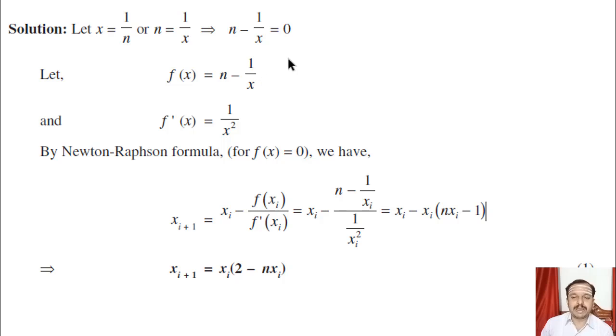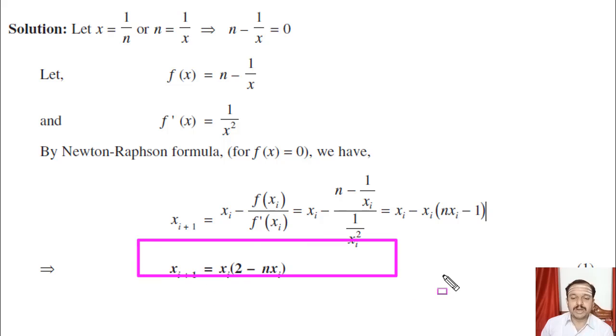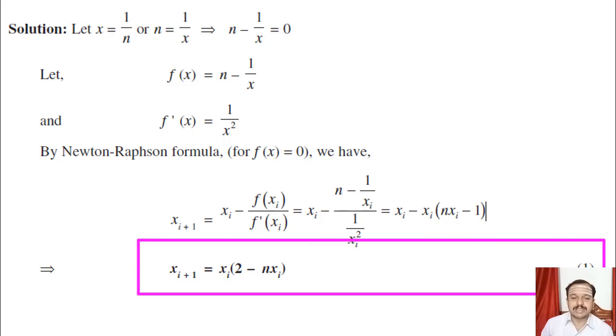N minus 1 by x equal to 0 means n equal to 1 by x, which means x equal to 1 by n. So this formula is giving us the value of x. What is the value of x? It is 1 by n. So ultimately, with the help of equation number 1, that is the iterative formula, we are going to get the value of x, that is nothing but the value of 1 by n, the reciprocal of n. That is our objective in this case.